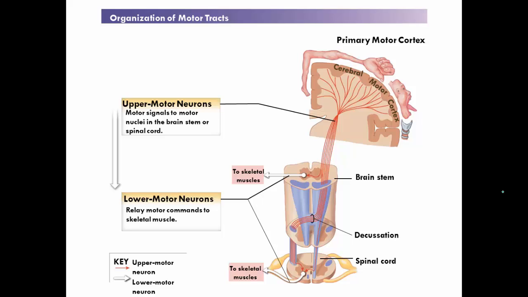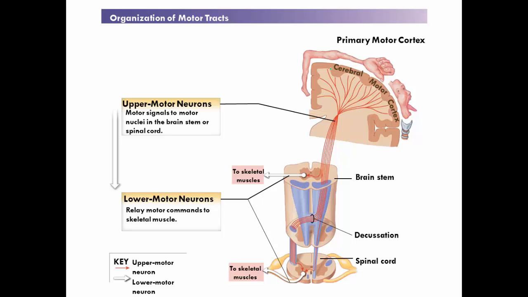Upper motor neurons have their cell bodies somewhere in the brain, and this can be in the primary motor cortex of the frontal lobe of the cerebrum, or it can be somewhere in the brain stem, in the midbrain, the pons, or the medulla.